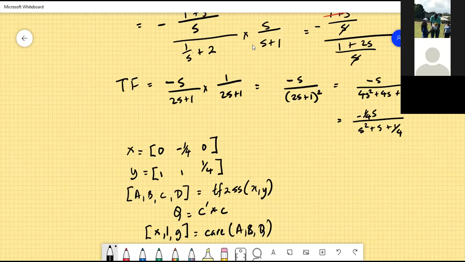What I was going to say is that instead of doing that, we could write down our X dot is going to be equal to 0, 1, negative a quarter for this one here, and for this one here to be 1.